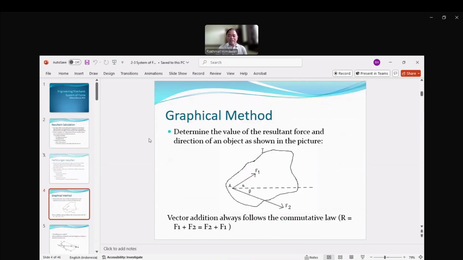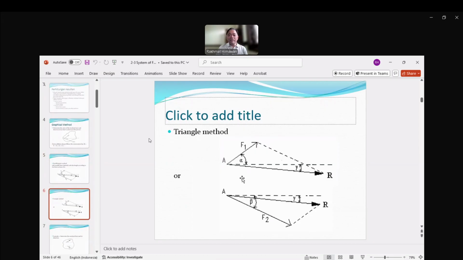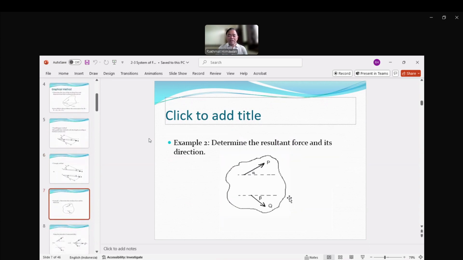The graphical method, this is what we learned, that we don't need a calculator, but we need a ruler and a keen eye to see the measurement of the length. Either the parallelogram like this, where you have to find the angle between F1 and F2, or the triangle method, either on the top or the bottom. But for everything in here, you need a ruler to do it, and you need to know the scale of the ruler.